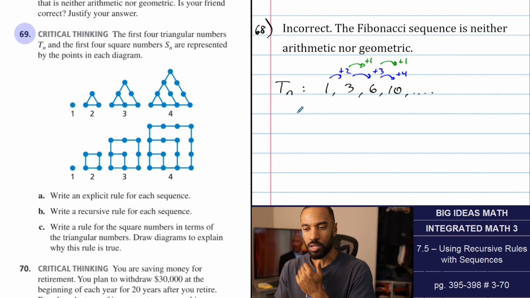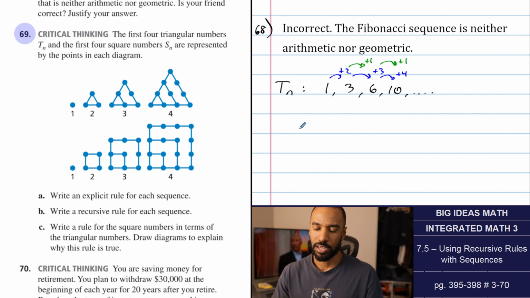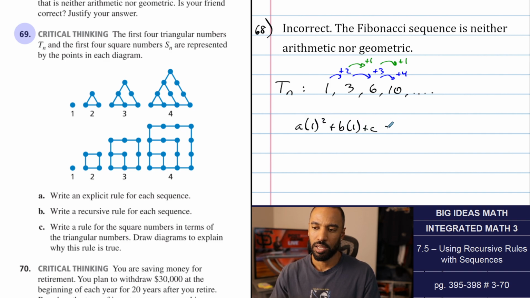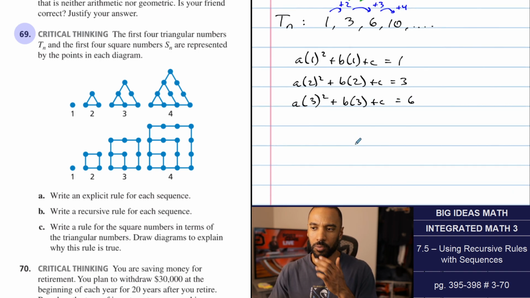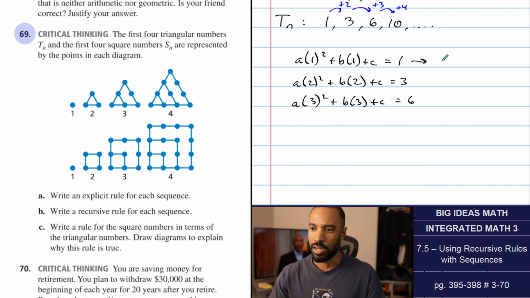When I'm substituting 1 into here for the ax squared plus bx plus c, a times 1 squared plus b times 1 plus c equals 1. If I plug in 2, I'm getting 3. And when I plug in 3, I'm getting 6.